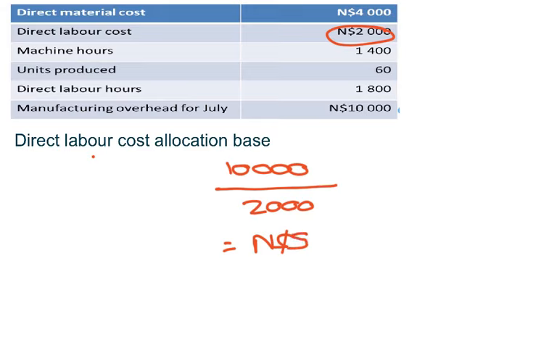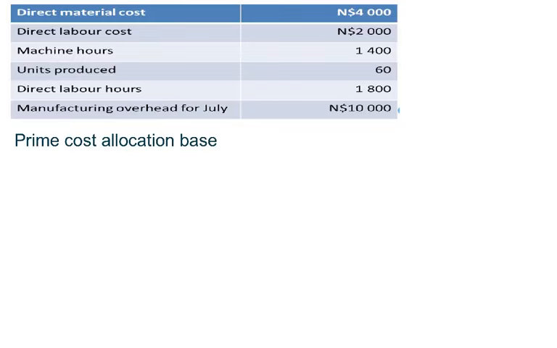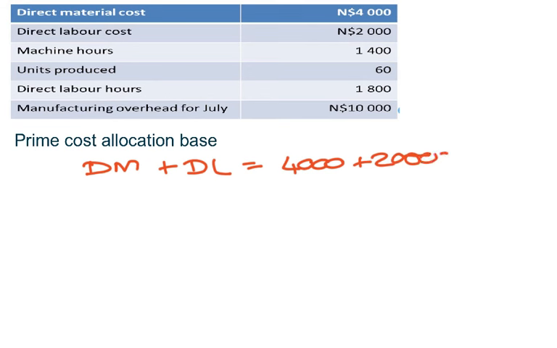So this means for every $1 Namibian in direct labor cost, I will apply $5 in manufacturing overheads. And prime cost, you will remember, is your direct material plus your direct labor. So this is then 4,000 plus 2,000 equals 6,000.